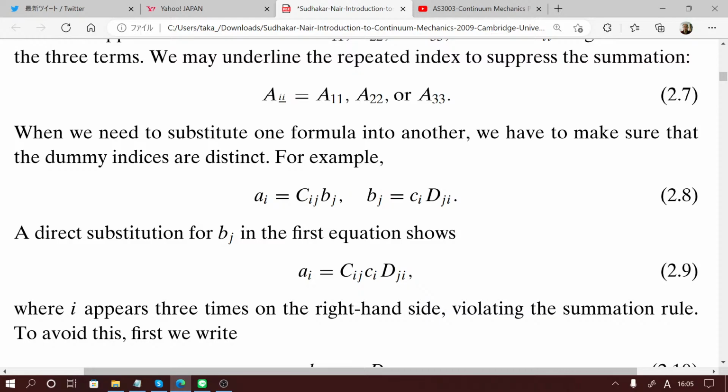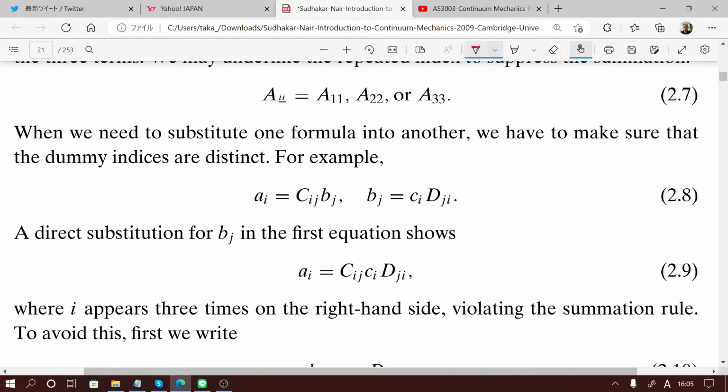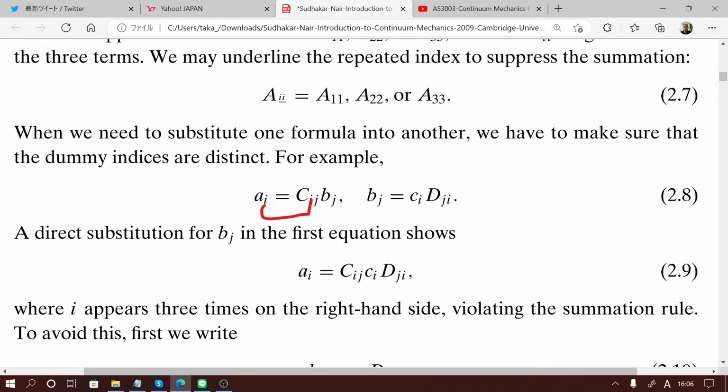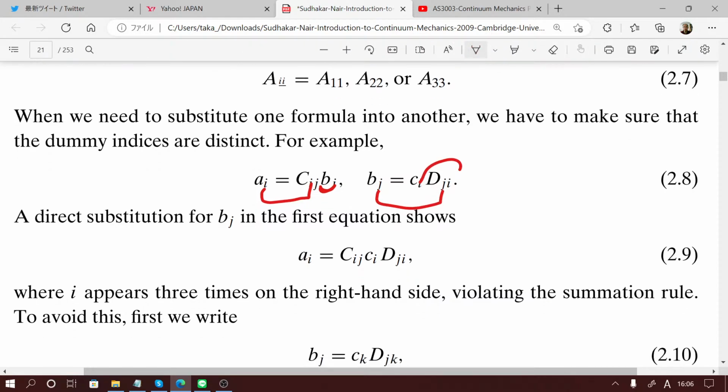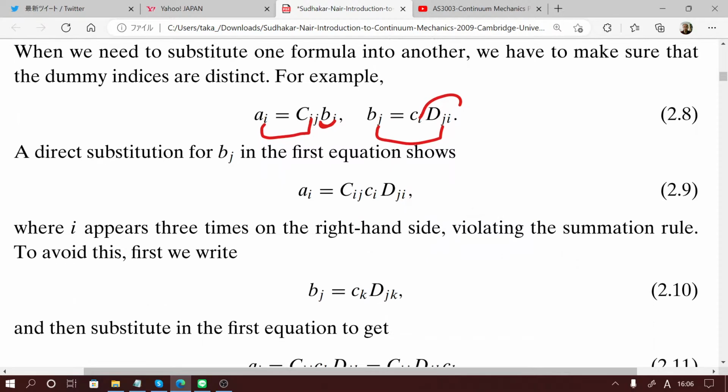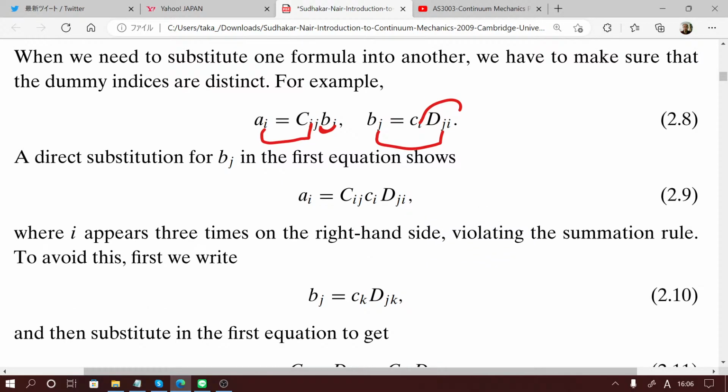Okay, so this I is here. So J is a dummy index. J is here, and I is a dummy index. For the dummy index, we have to use a different alphabet than the alphabet used to specify the original index.